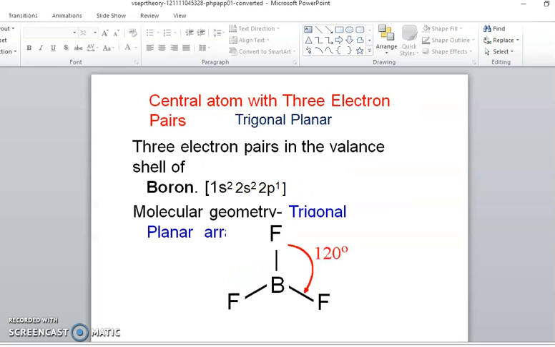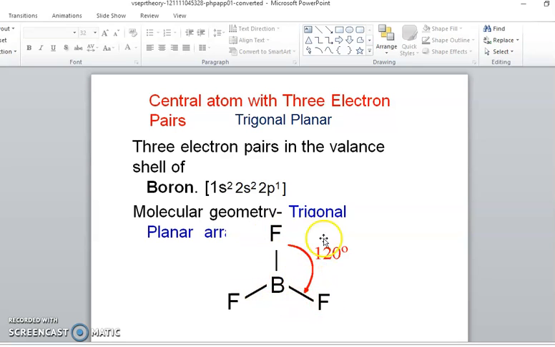Now we come to the next one, a central atom with 3 electron pairs. Say for example, if you take a BF3 molecule, there are 3 electron pairs, and all 3 are bond pairs. So there are 3 bonded electron pairs.